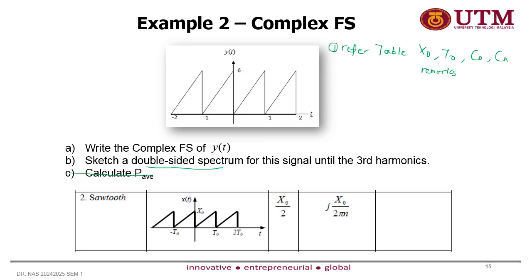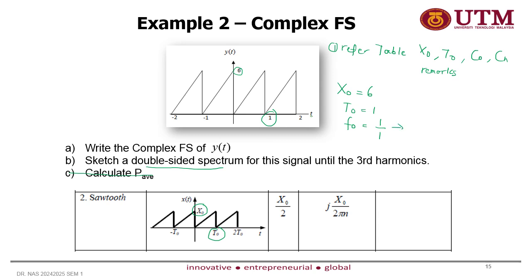So in this case, your x naught equals 6. The t naught equals 1 second, so f naught equals 1 over 1.